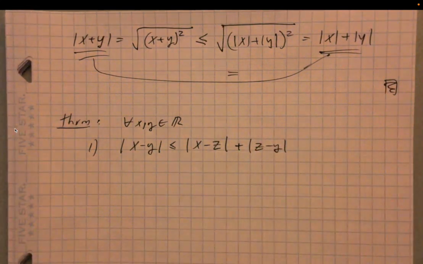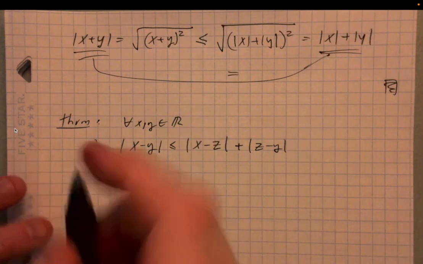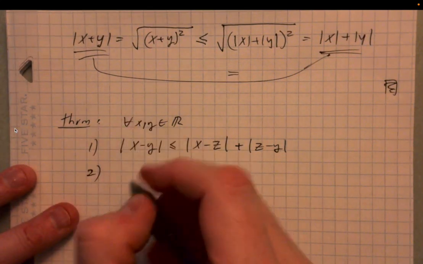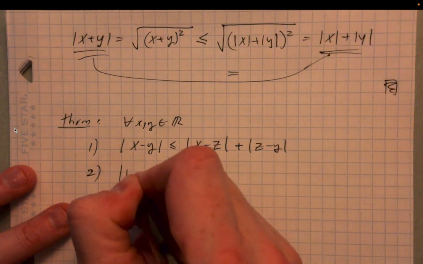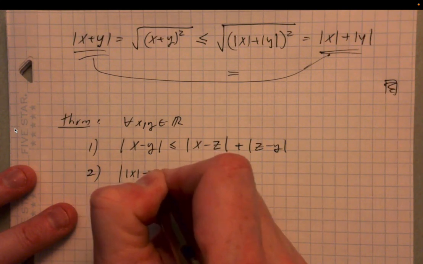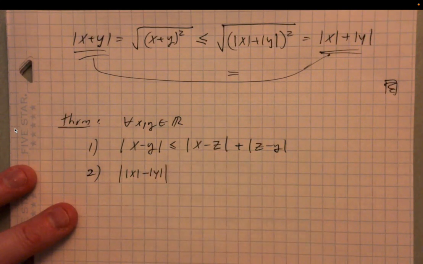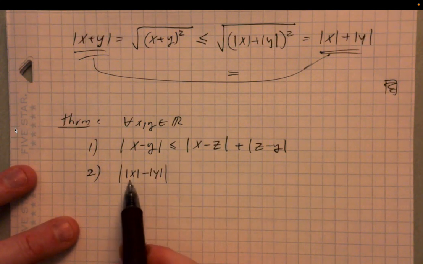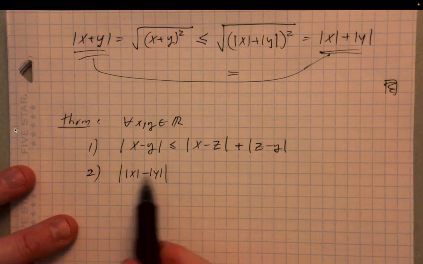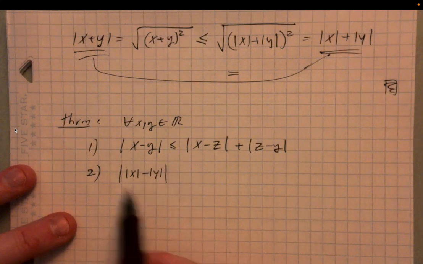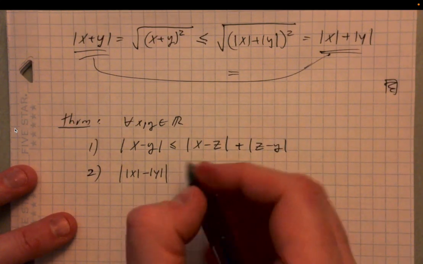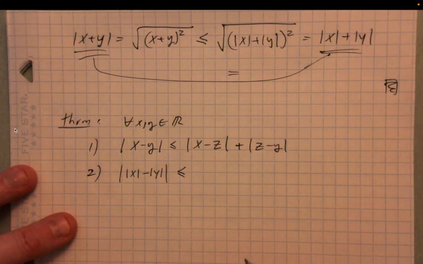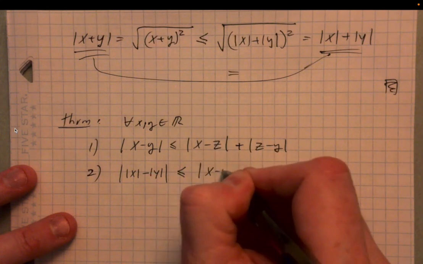Okay. And secondarily, we could say that the absolute value of the absolute value of x minus the absolute value of y. Okay, so here you're taking the absolute value of two numbers and finding the difference between those, and then taking the absolute value of the difference. That's going to be less than or equal to the absolute value of x minus y.